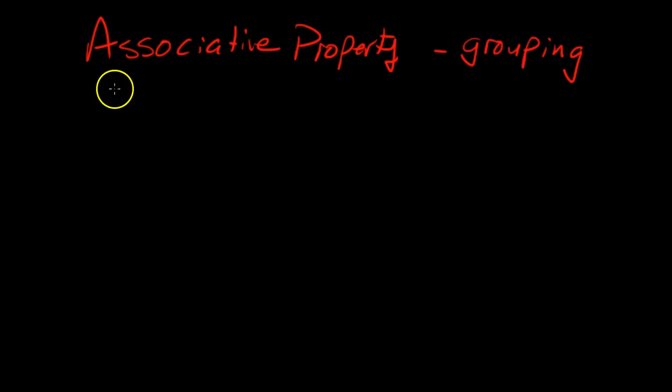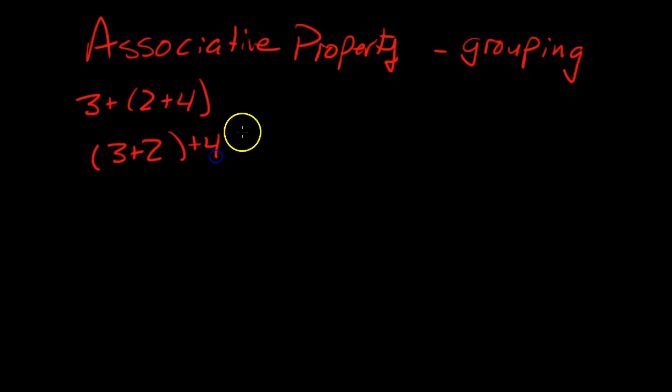So in a very basic example, if I do 3 plus 2 plus 4, I should get the same thing regardless of where the parentheses go. So let's see what happens. If I do my order of operations, I've got to do the parentheses first. So 3 plus (2 plus 4), that's 3 plus 6, and when I do my addition, I get 9.